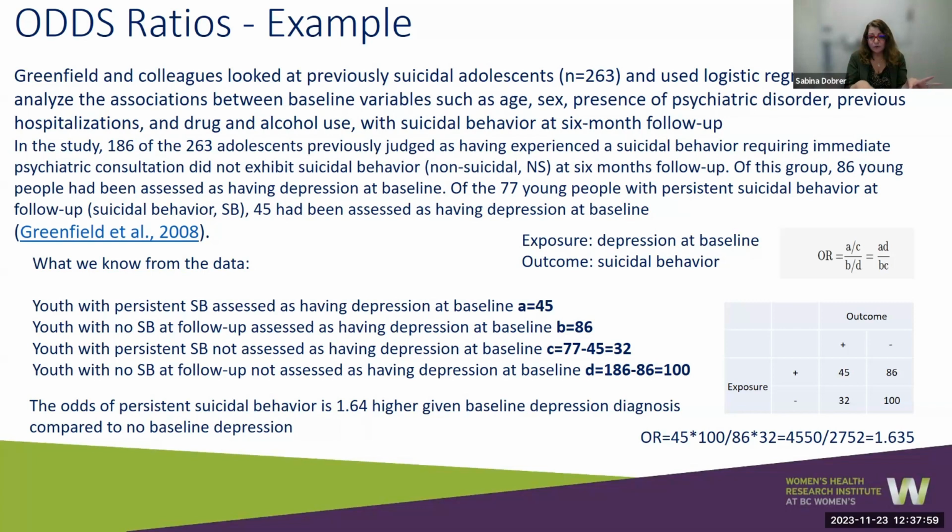So we had a lot of numbers, we did a lot of calculation, we received our results, but actually we can explain our results in a really simple way. Yes, persistence of suicidal behavior is 1.64 higher given baseline depression compared with not given baseline depression. So a lot of numbers come up with two very, very simple conclusions.